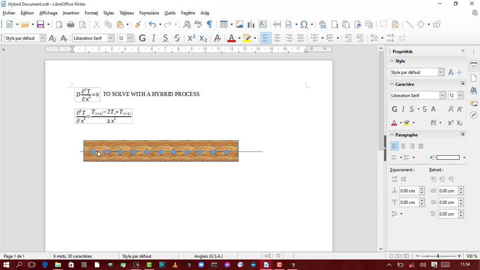At this position, what we have is t at 2 minus 2t at 1 plus t at 0, and t at 0 is this value here. It's a boundary condition, the value at this boundary, not this one. This one is t at the point n plus 1.